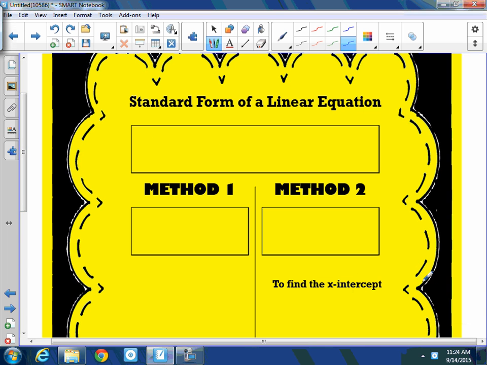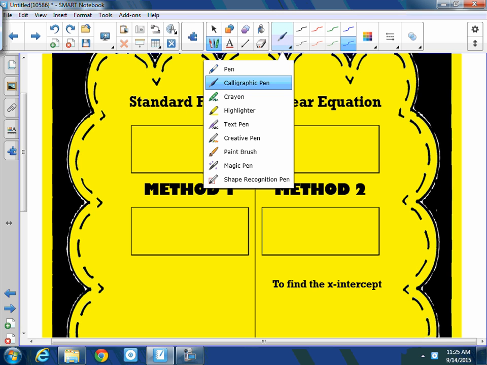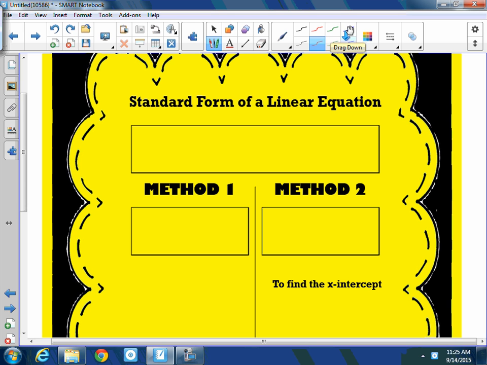Alright, so now that we know how to graph in slope-intercept form, now we have something that's called standard form. And standard form is different. Your x and your y would be on the same side of the equal sign.